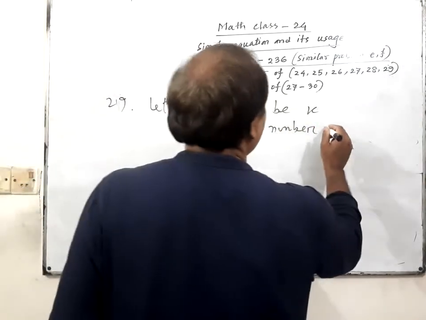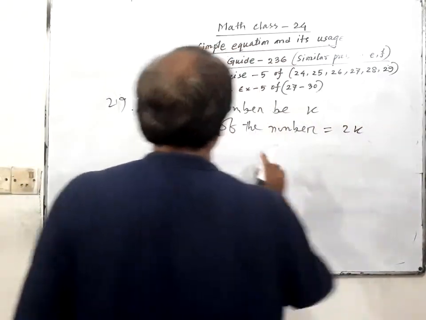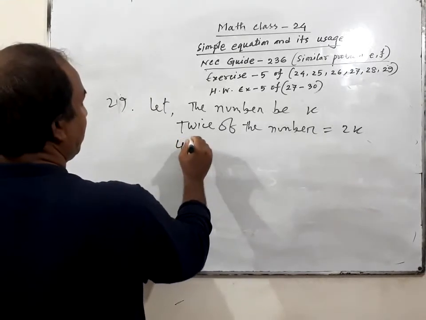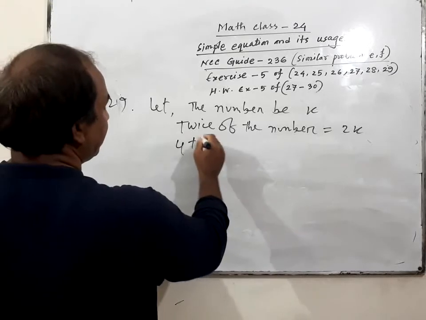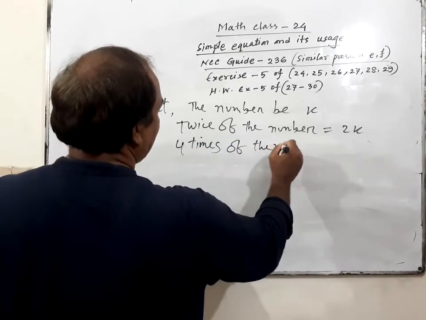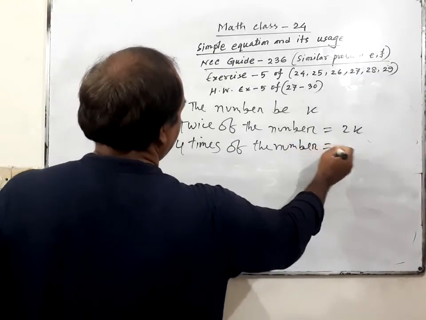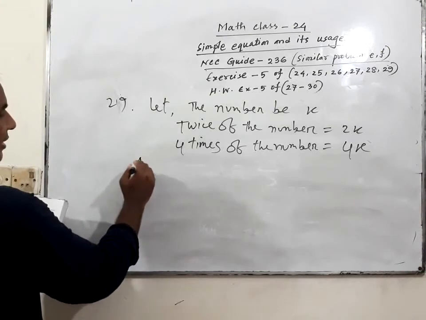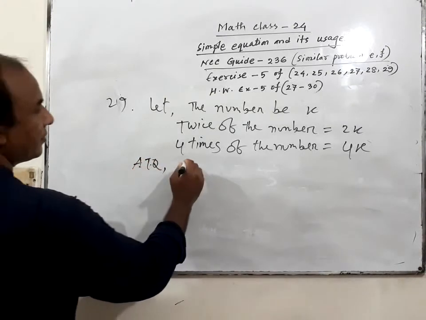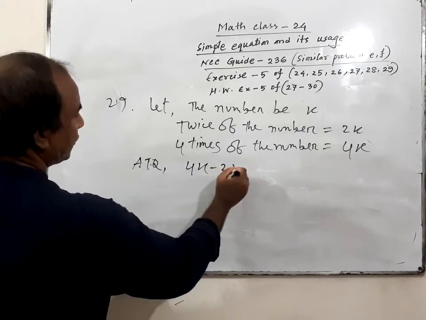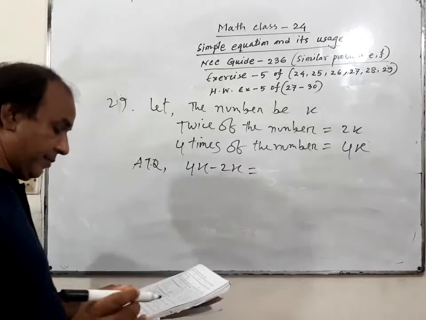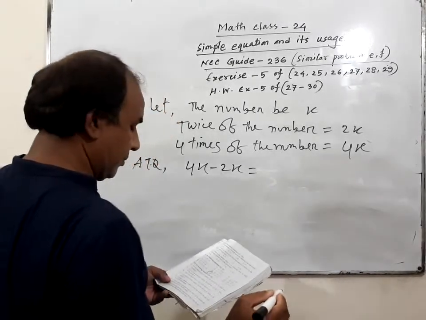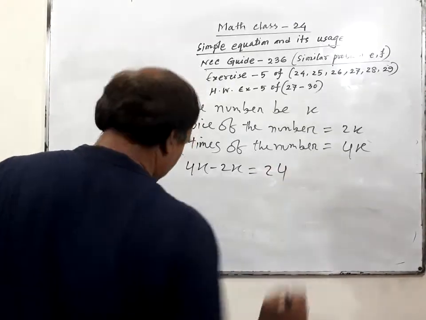So twice of the number is equal to 2x, and 4 times of the number is equal to 4x. Now we have to make the equation: 4x minus 2x is equal to 24.